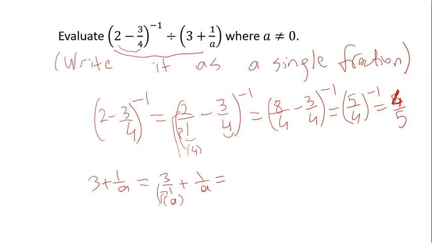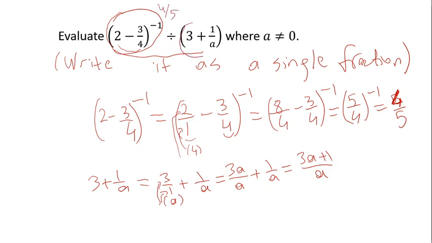So you can multiply 3a over a plus 1 over a, so it will be 3a plus 1 over a. Now we have 4 over 5 here, and this whole thing is 3a plus 1 over a.